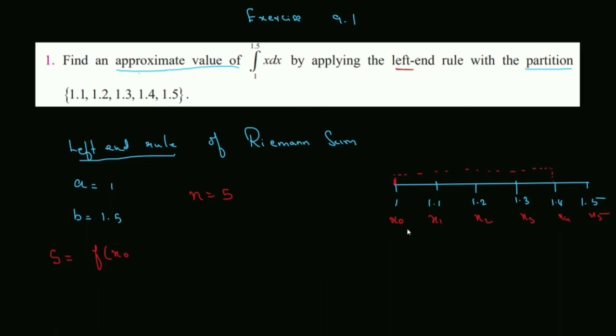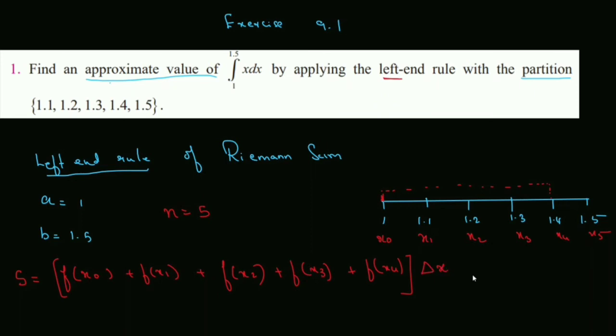So f of x naught plus f of x1 plus f of x2 plus f of x3 plus f of x4, and then you stop there, into delta x.